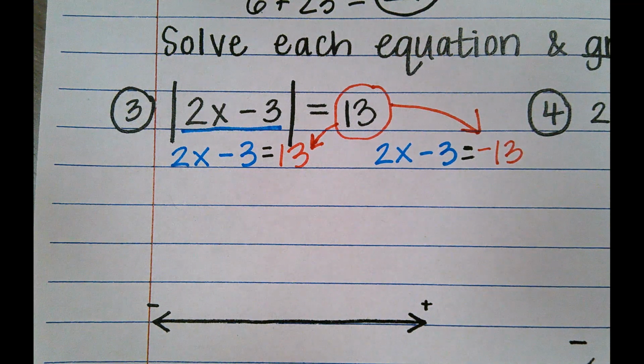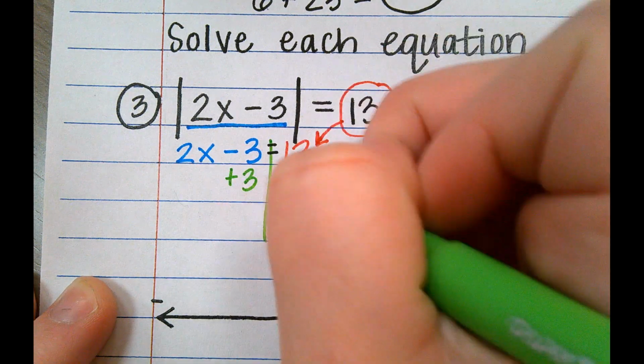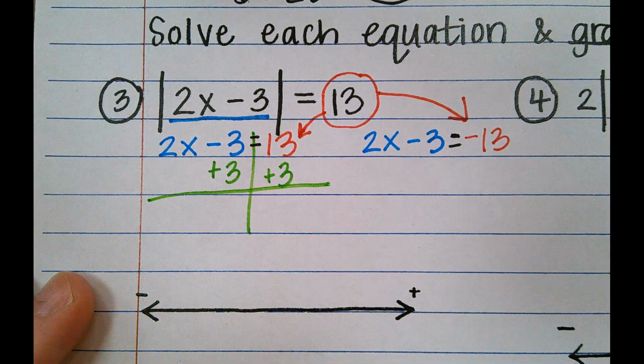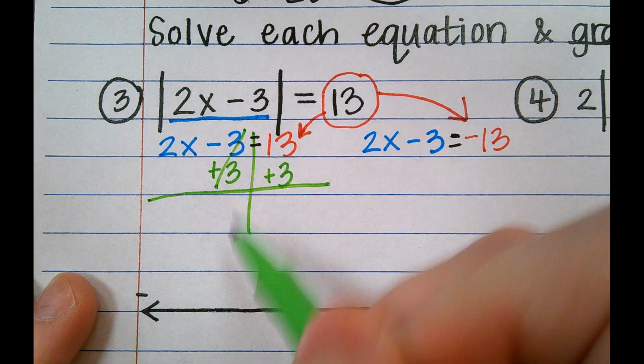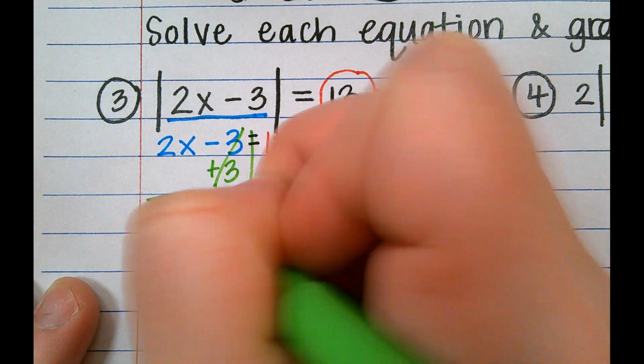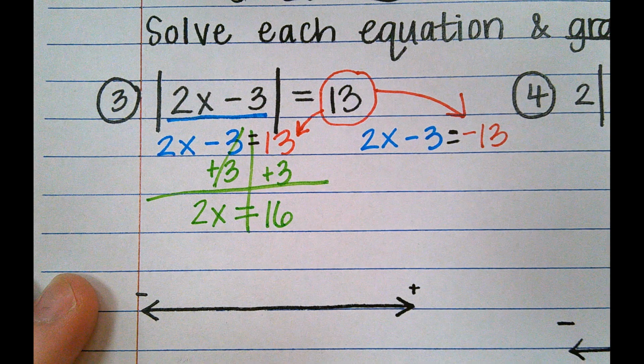And what should we do now? Add 3. Bring down 2x equals 16. Good.